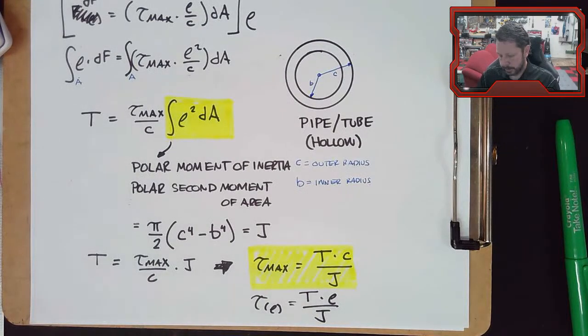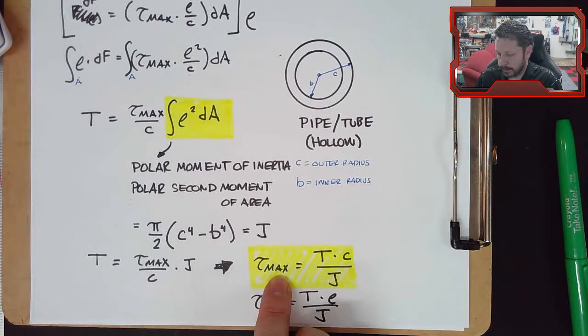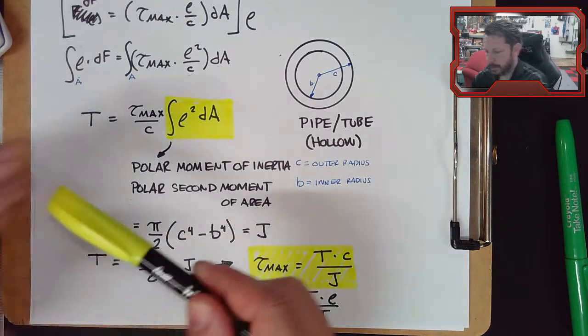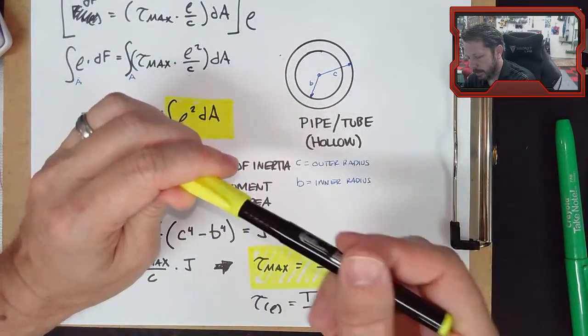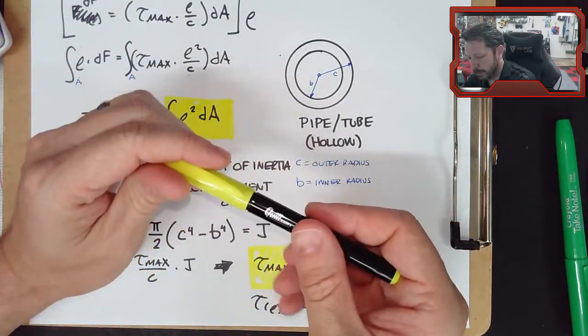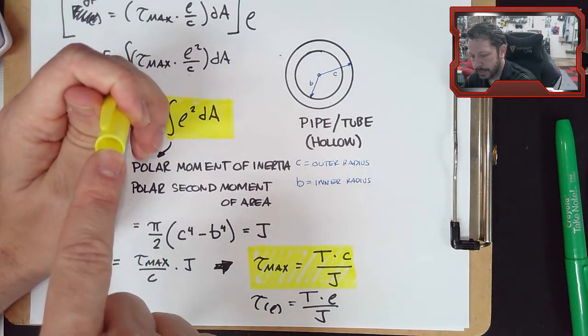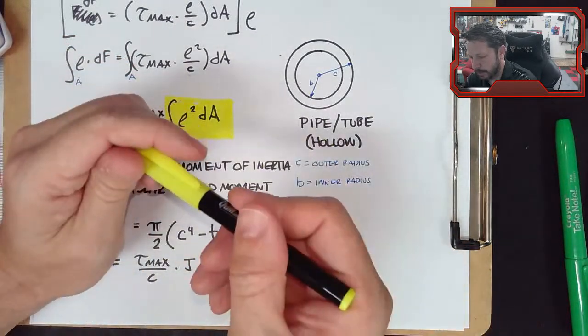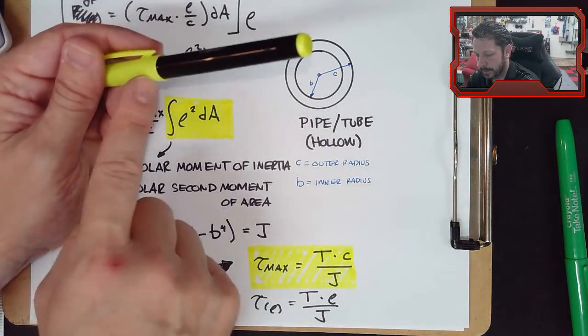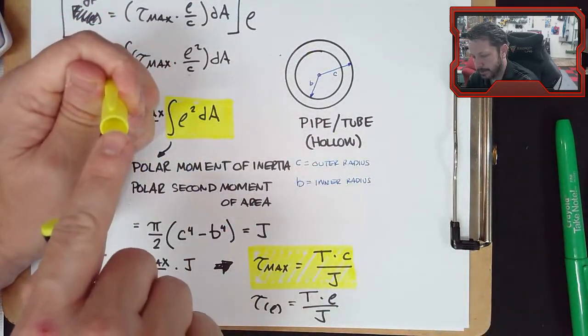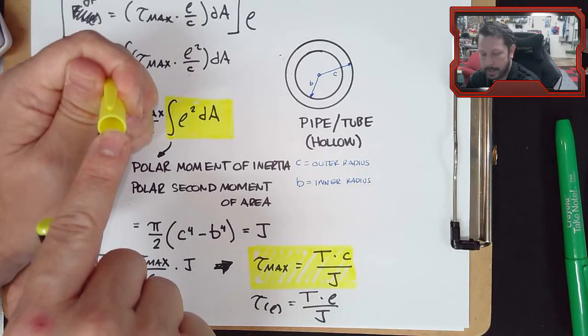You normally don't calculate this one because normally you're interested in the maximum shear stress, but sometimes when you have something like this where there's an outer and an inner thing that interface with one another, sometimes you do want to know the shear stress on that interface between the two. That would not be the maximum on the outer surface of the yellow cap here, but it should be the shear stress on the inside of the cap.